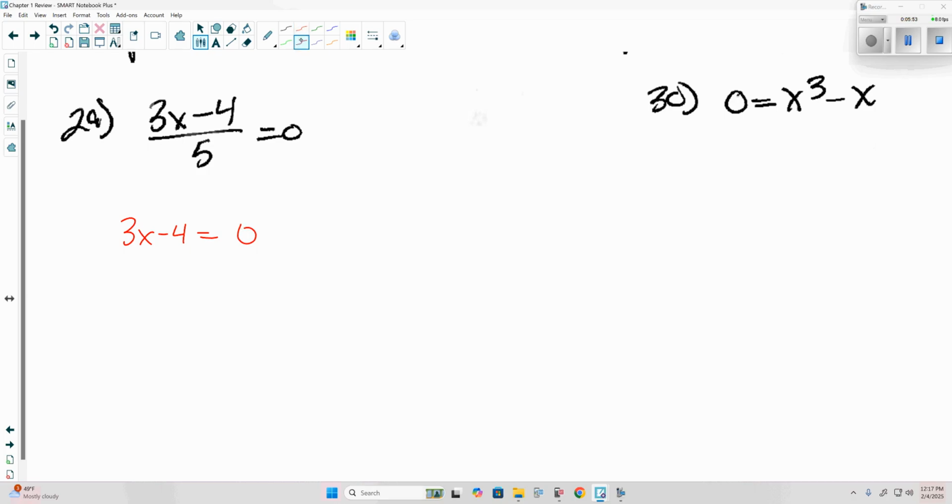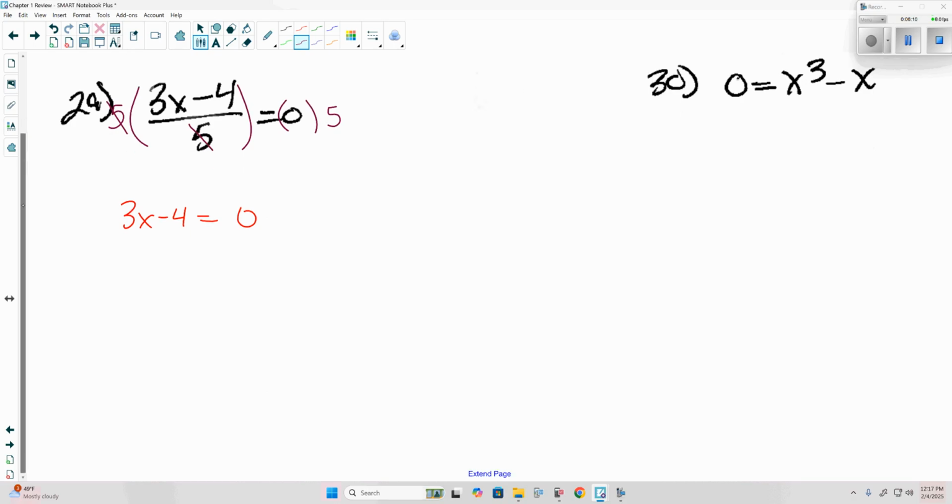Another way we can get at that is if I multiply this fraction by 5, well, the 5 and 5 will cancel. And if I do it to one side, I have to do it to the other. And 0 times 5 is 0, so we're still at 3x minus 4.